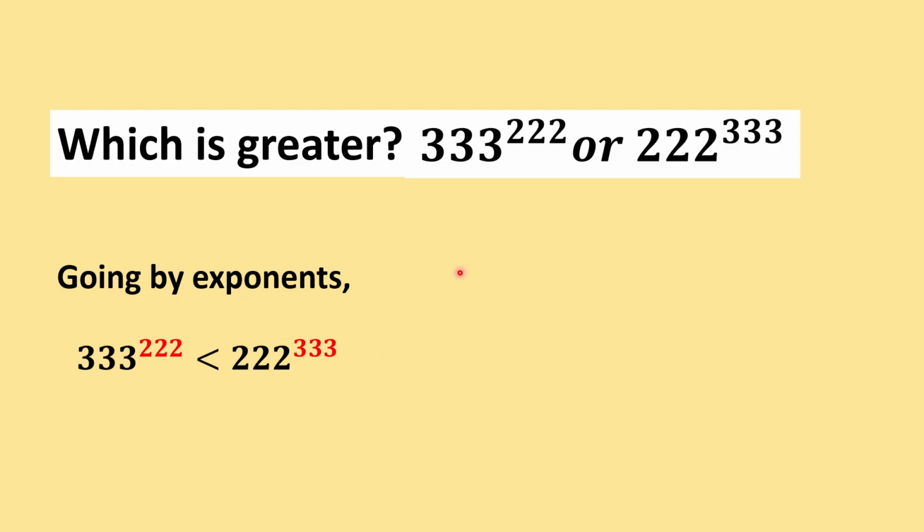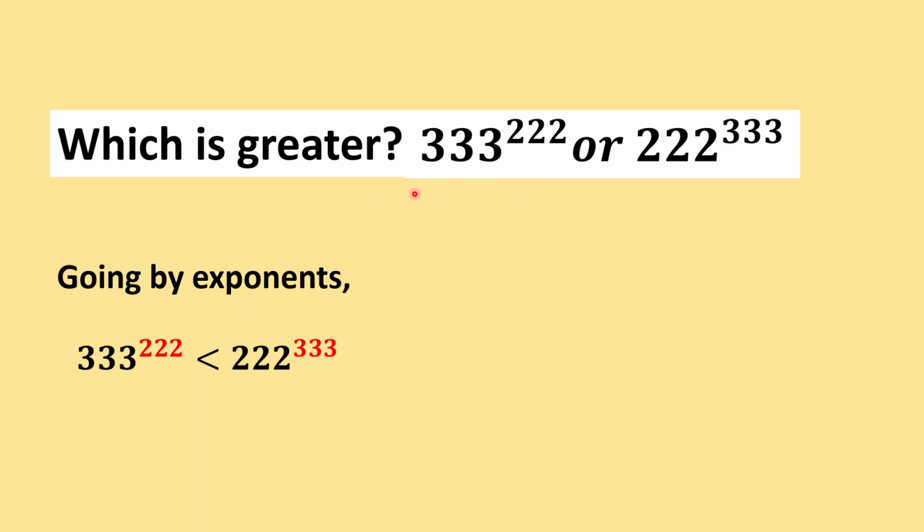So, going by exponents, we can see that the number with the smaller exponent is smaller and the number with the larger exponent is larger. Small exponent, value small, bigger exponent, value bigger. So, even without calculation, just by looking at the exponents, only look at the exponents, just see that the base is not 2 and 3, other than 2 and 3 and 2 and 4.